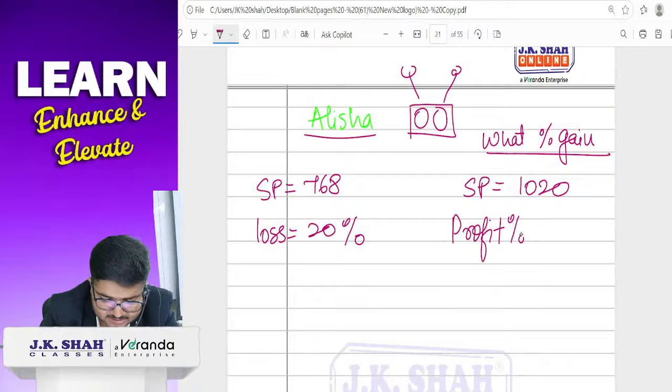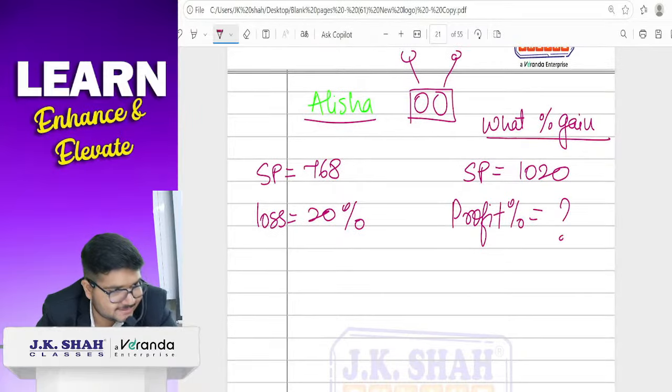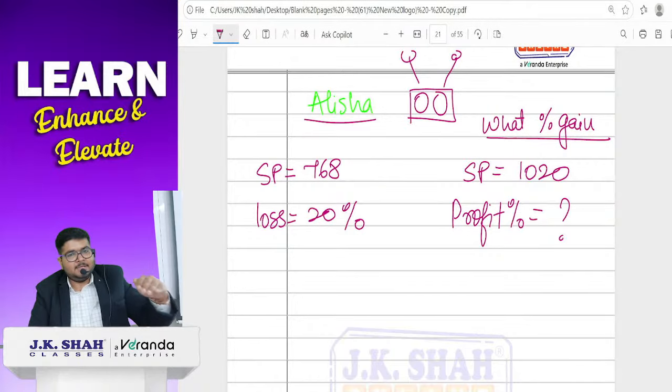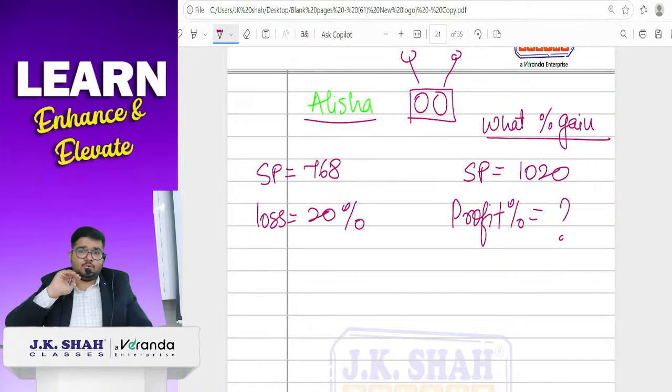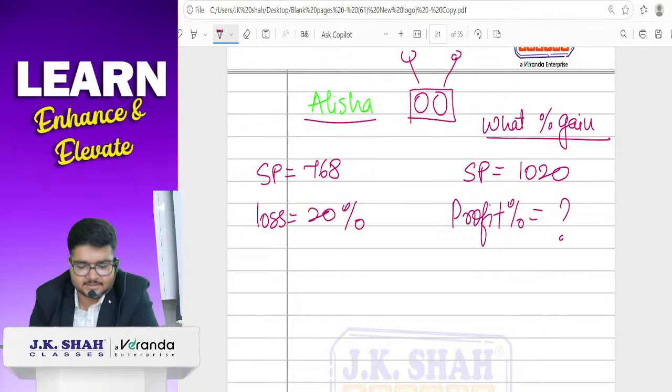That is the imagination question. She sold it for 768 and incurred a 20% loss. They are asking, what if she sold for 1020, how much profit percentage would she be making?